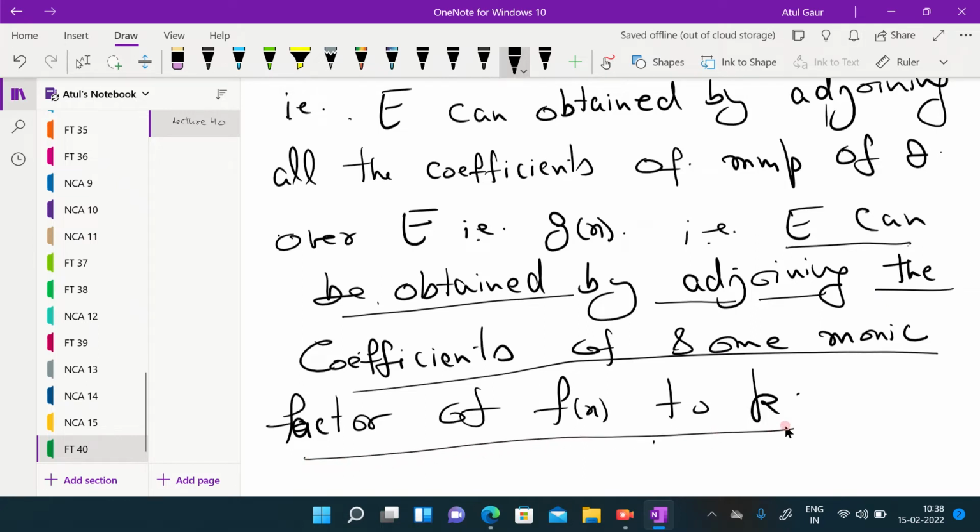So we started with the arbitrary subfield E in between F and K, and finally we proved that ये जो subfield है E that can be obtained by adjoining the coefficients of some monic factor of FX to K. और FX क्या है, MMP है थीटा का K के ऊपर, तो FX अभी इंडिपेंडेंट है E से. इज दैट फाइन? Yes.